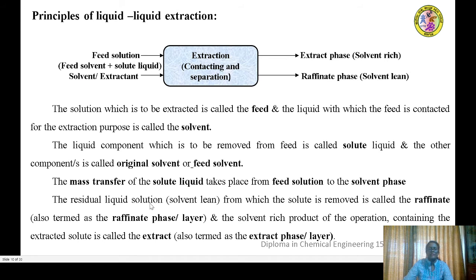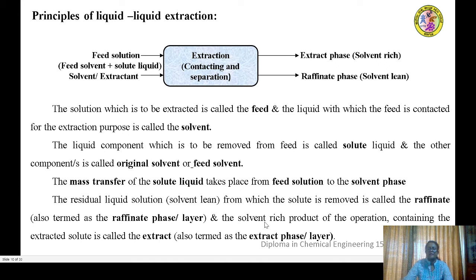The residual liquid solution, which is the solvent-lean phase from which the solute is removed, is called the raffinate phase, or raffinate layer, or simply raffinate. Whatever is left of the feed solution at the end of the operation, from which the solute has been removed, is the raffinate phase.